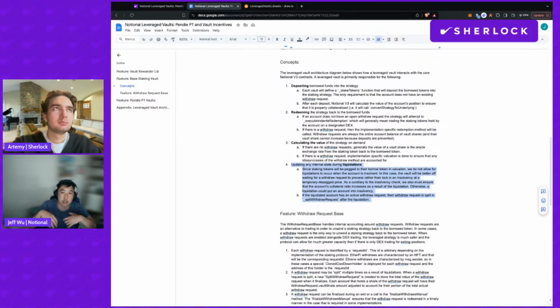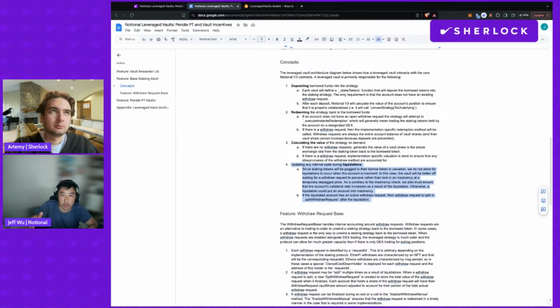And secondly, these withdrawal requests can be non-fungible, right? So in Ether.fi, for example, you quite literally get a non-fungible token to mark your place in the withdrawal queue. So within these staking vaults, we have some internal accounting to break up these withdrawal requests to ensure that during a liquidation, we can fungibly split up a withdrawal request so that the liquidator gets one portion and the account receives their portion.